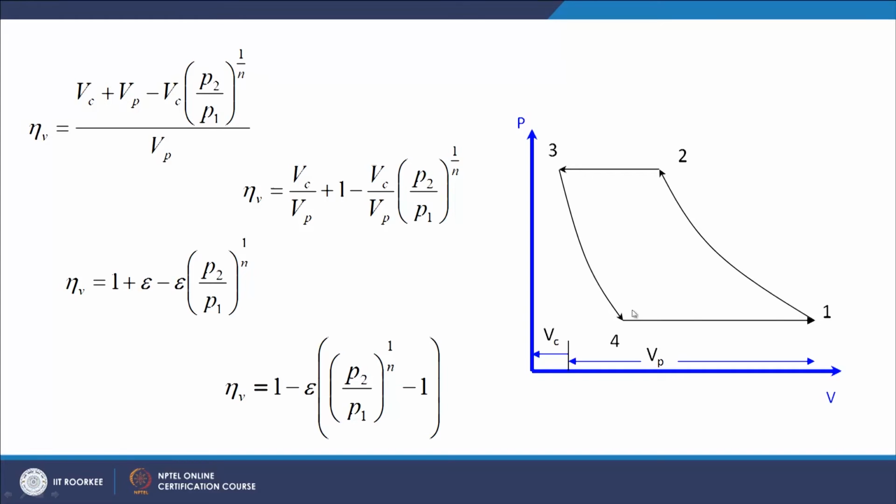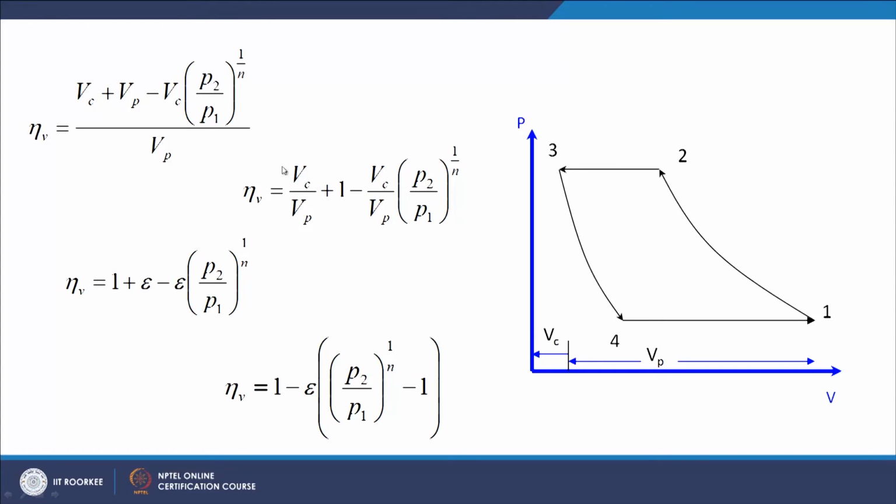This is for the expansion process. The index of compression from state 1 to state 2 is n, and we have assumed that the index of expansion is also n, however it may be different also. So this is the expression for V1 minus V4, and the expression for V1 minus V3 is Vp only. Now if we simplify this, we will get Vc by Vp plus (1 minus Vc by Vp) (P2 by P1) raised to power 1 by n.